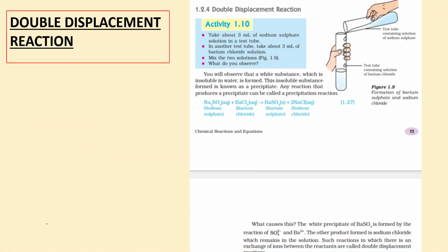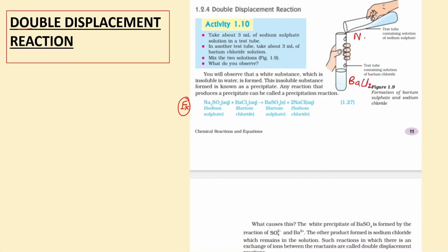So this was displacement reaction. Now moving to double displacement reaction. Double means two, so two displacements are taking place here. Now we will take up this example. This is test tube 1. It has barium chloride.